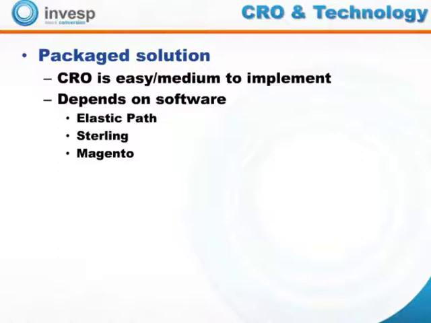Back in 2005, 2006, in the enterprise area, we used to see lots of the customers, especially in the B2B area, go to Sterling or Elastic Path. Nowadays, most of our customers are switching to Magento, whether it's the paid version, the enterprise version, or the community edition.